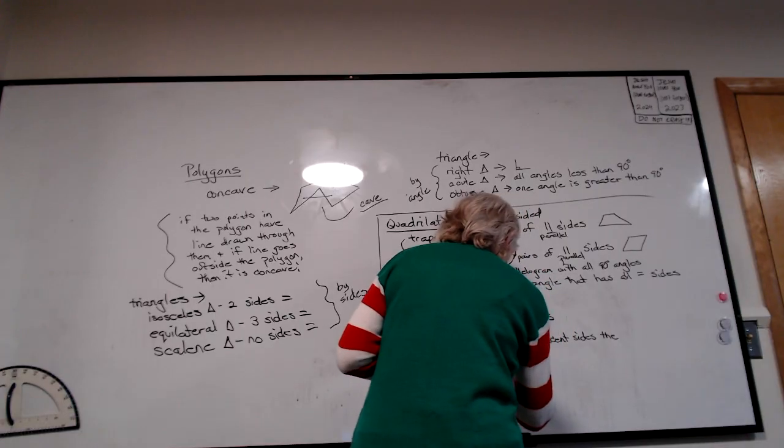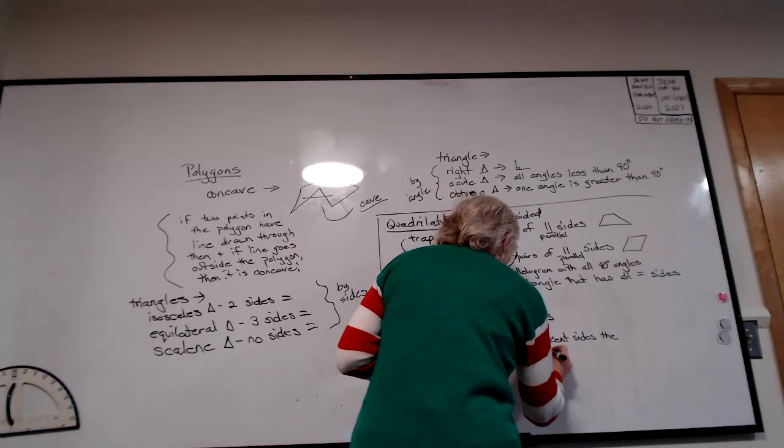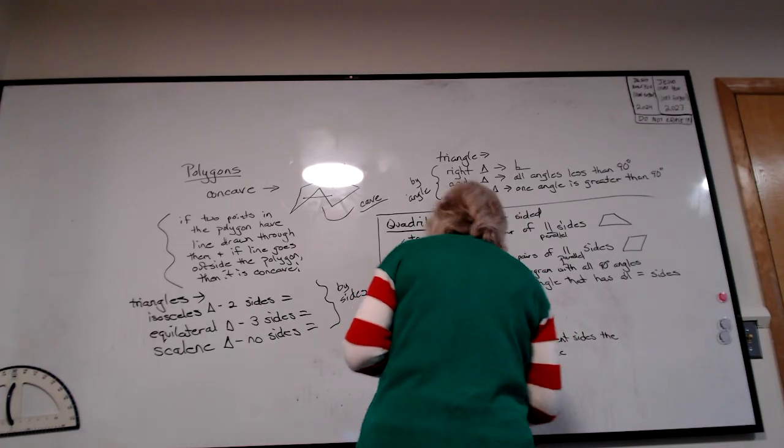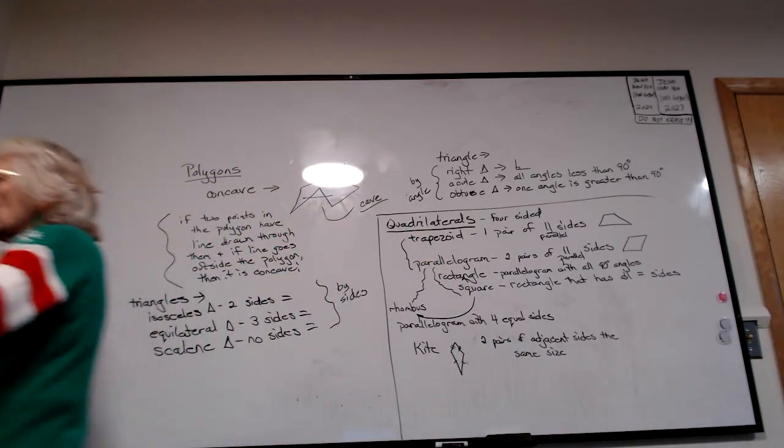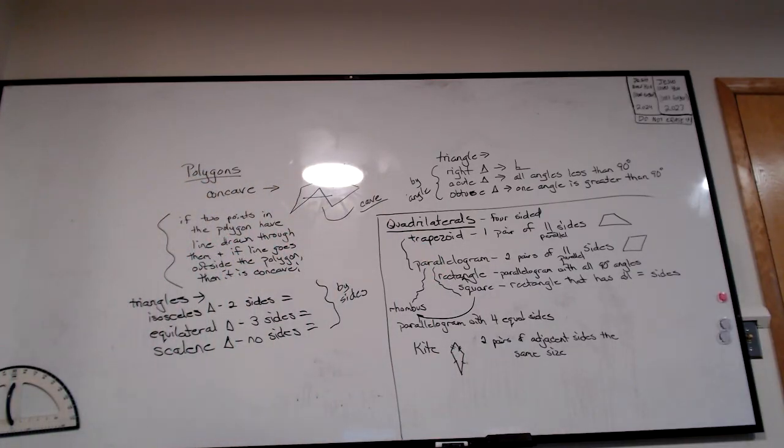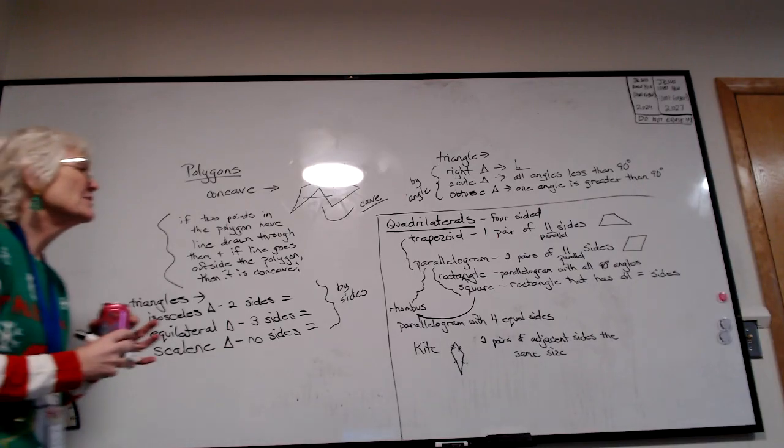So the top two are equal and then the bottom two are equal. They're not across from each other, but they're adjacent.